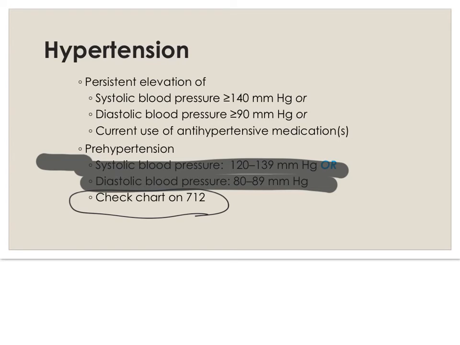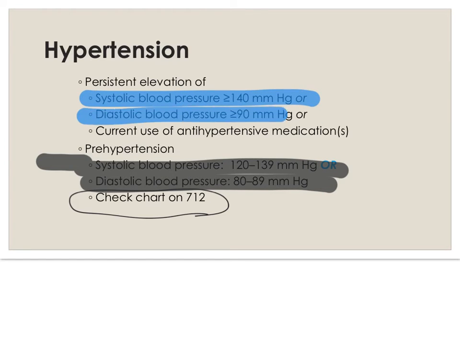So when is someone considered hypertensive? Well, it means that their systolic is greater than 140, or their diastolic is greater than 90. Now this is not a one-time thing. If this person has no established history of hypertension, this has to be on 2 or more different visits.